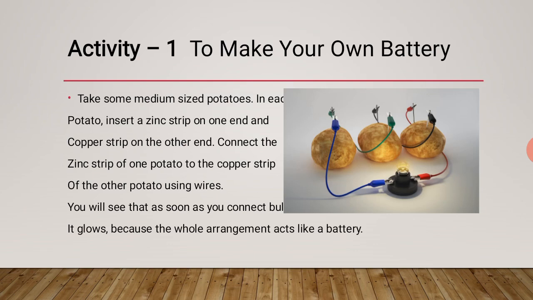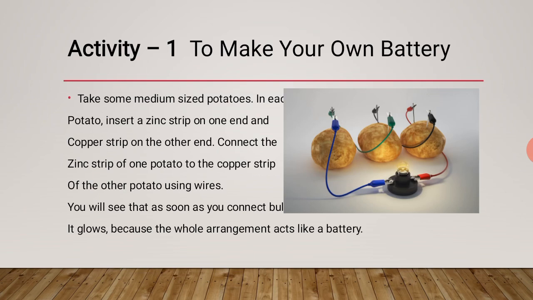Using the zinc strip, copper strip and wire, connect one end of the potato with the zinc strip and the other end with the copper strip with the help of wires, and the bulb is connected to the wire. By connecting, you see that the bulb glows.